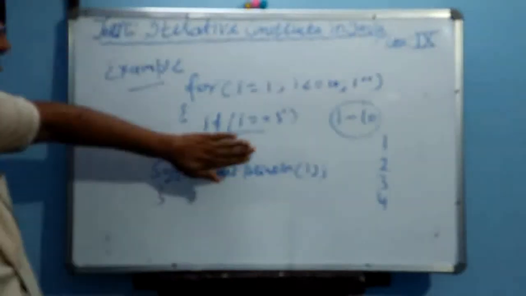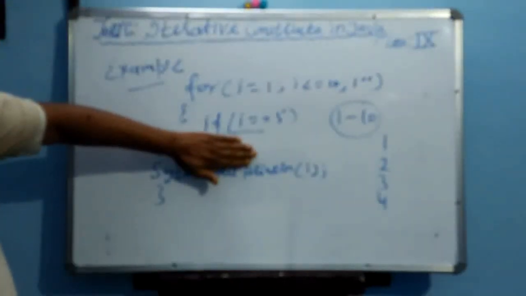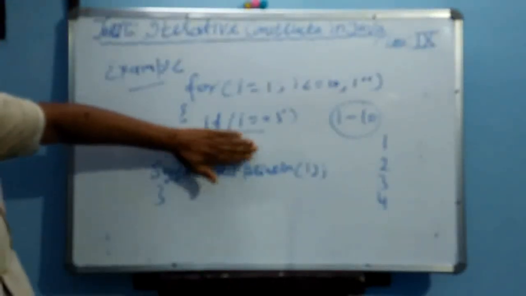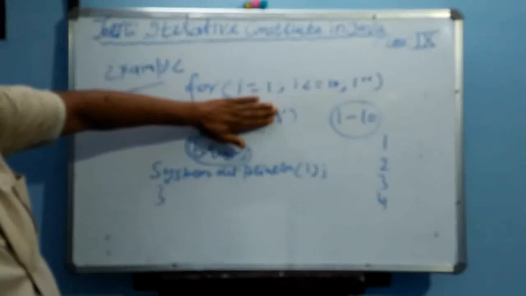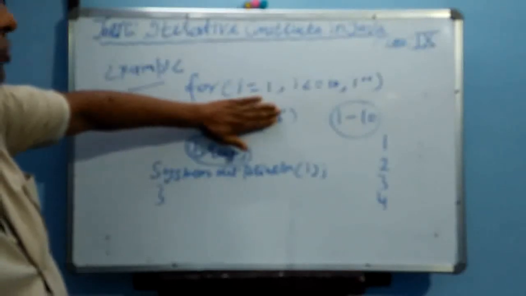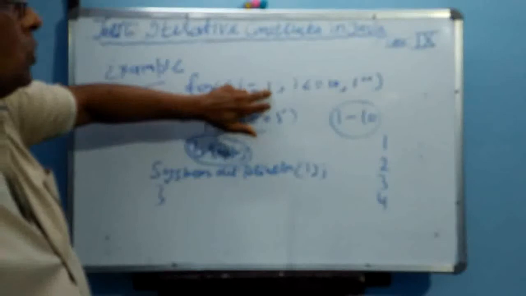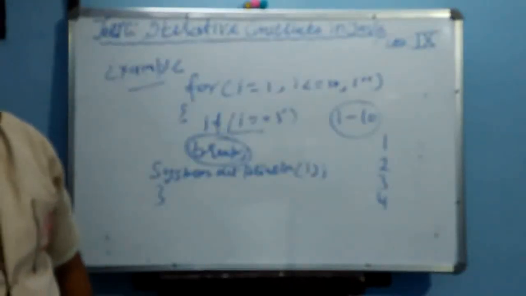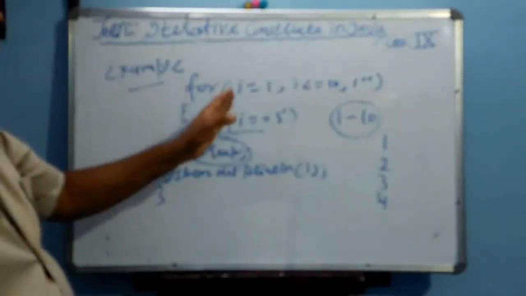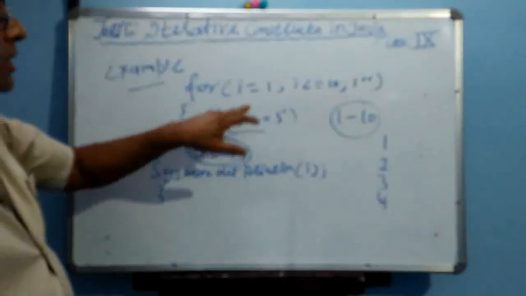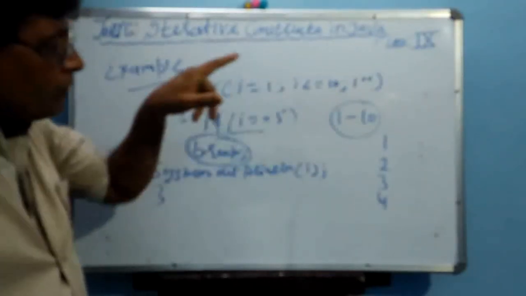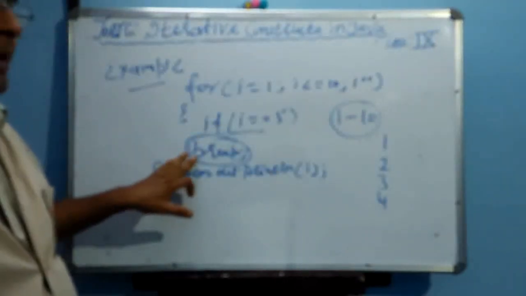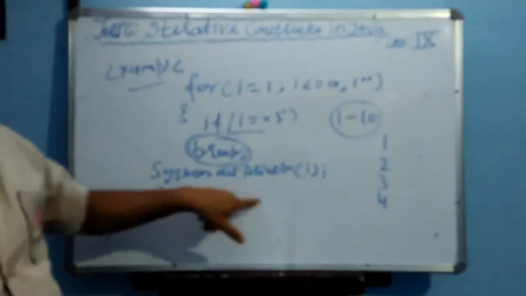Suppose we do not use the break statement here, and we do not give the condition. Then it will print the numbers 1 to 10. The condition is given here: if I is equal to 5, when the value of I is equal to 5, then it will break and come out.